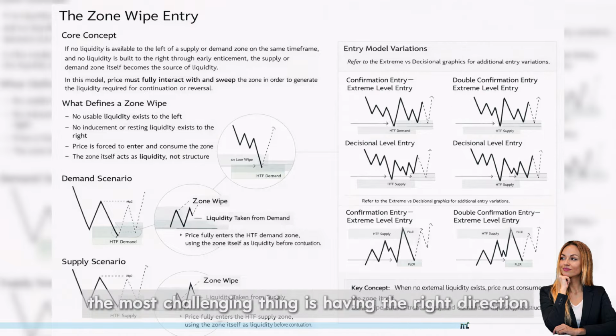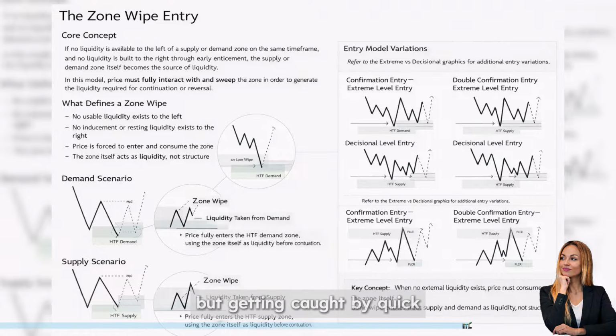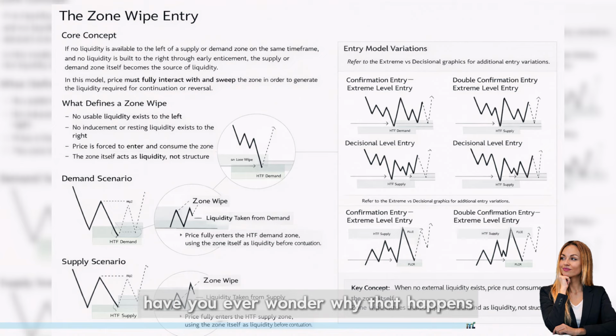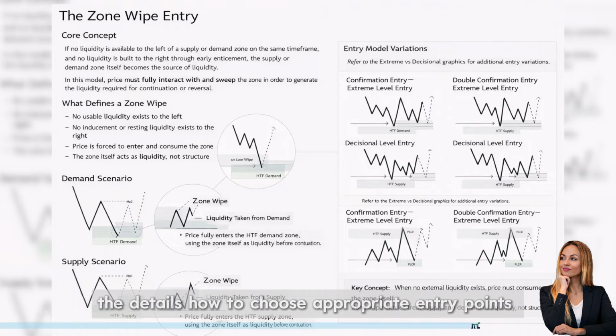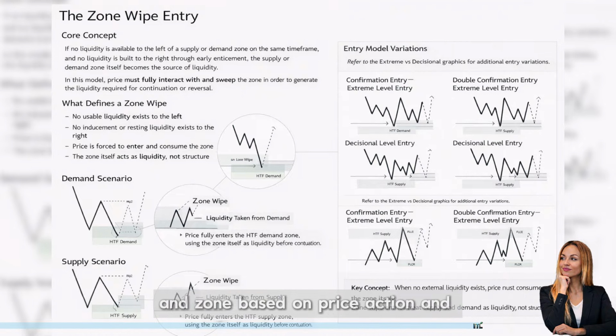So sometimes the most challenging thing is having the right direction but getting caught by a quick wick or sweep. Have you ever wondered why that happens? It's often because of a zone wipe, and the case studies first explain in detail how to choose appropriate entry points and zones based on price action and liquidity situation in different scenarios.